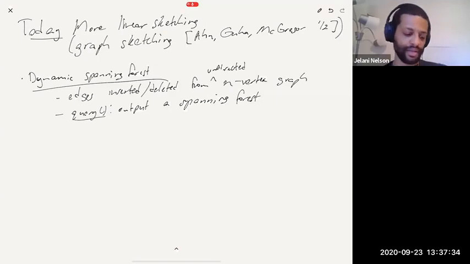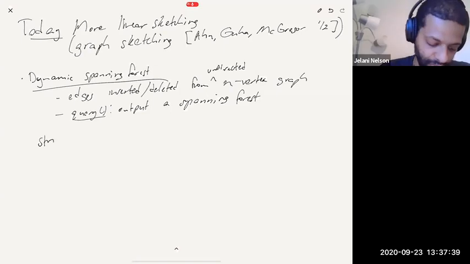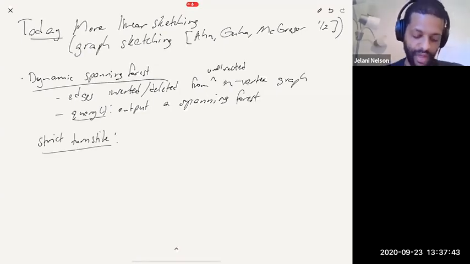And this can be modeled as a problem in the strict turnstile model. Right?